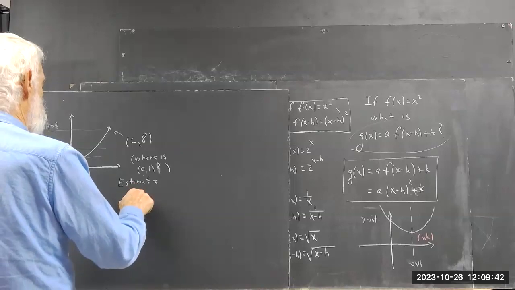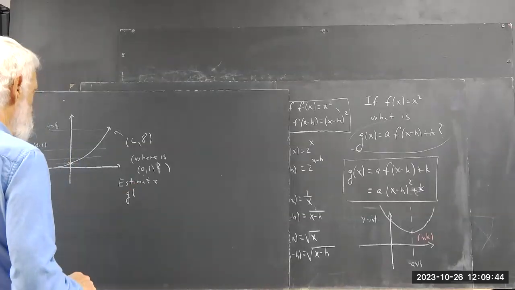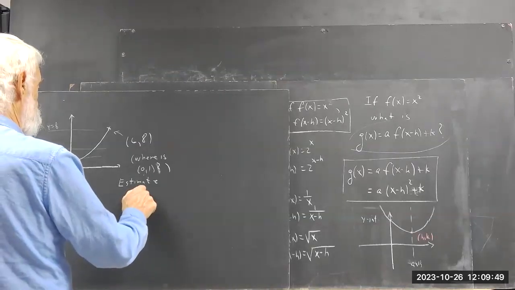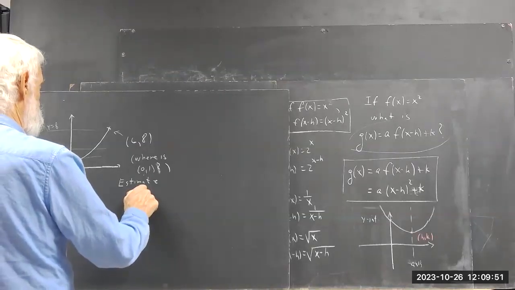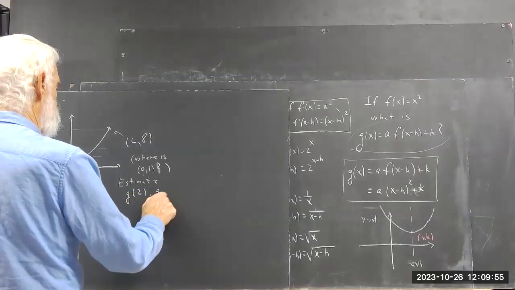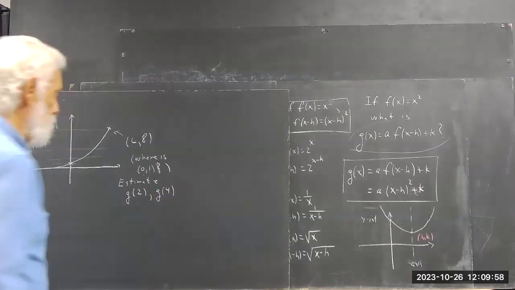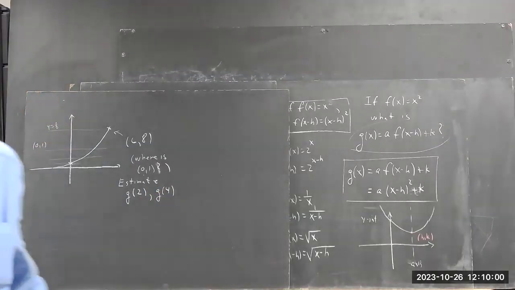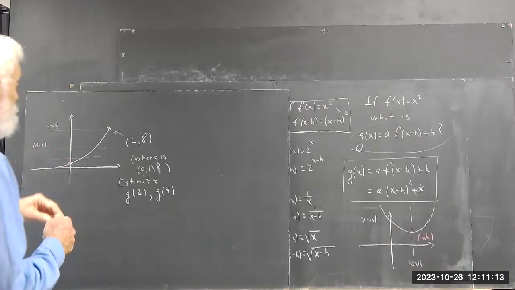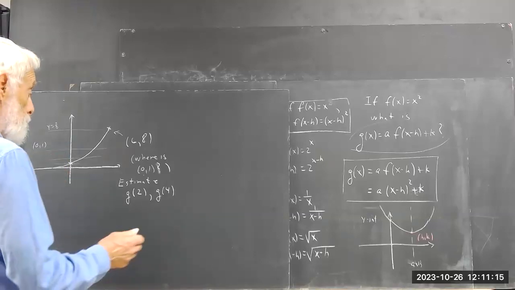Okay, so can you estimate, on this curve G, G of 2 and G of 4? I didn't look at all the details, but it looks like you're doing real well.